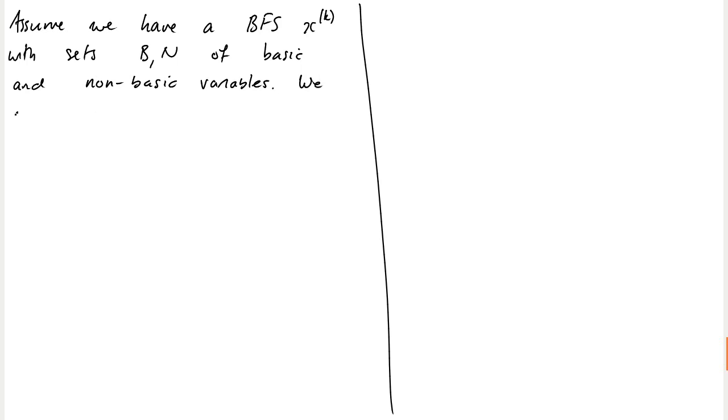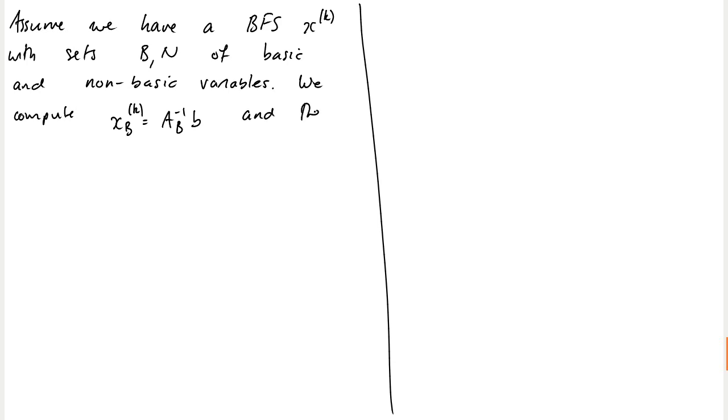We compute our x_B from the formula we had before. This will be the kth one, equals A_B inverse b, just like we did before.